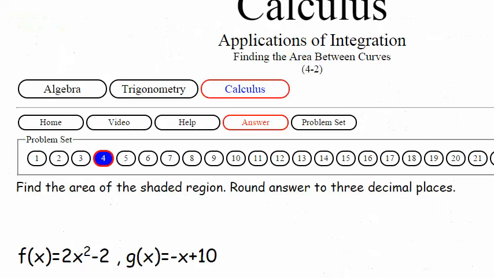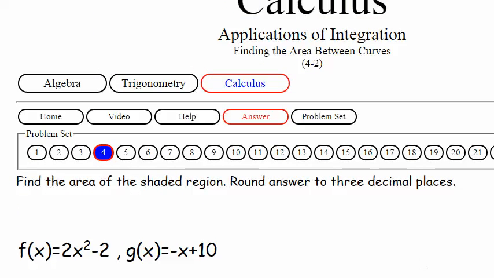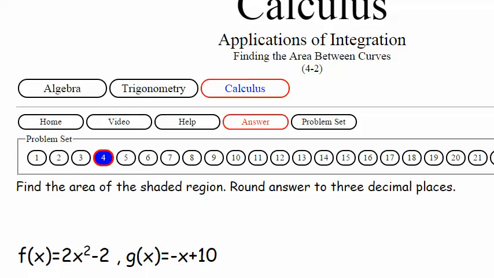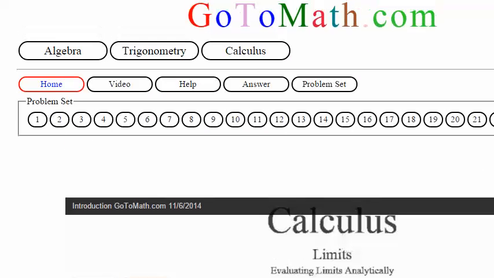Alright, let's go over to the web page. Of course, I clicked the answer to make sure everything was working out, and that's what we got. So remember, area is always a positive number, and usually we throw on some square units on the end of it, like centimeters squared, feet squared, miles squared. But we're just leaving that stuff off, focusing on the calculus.